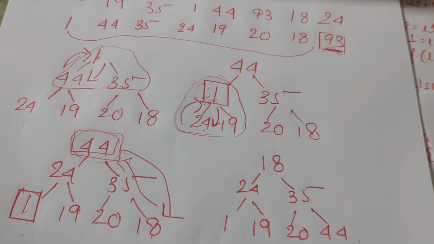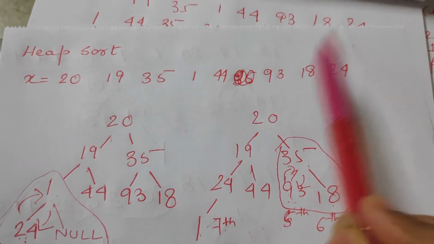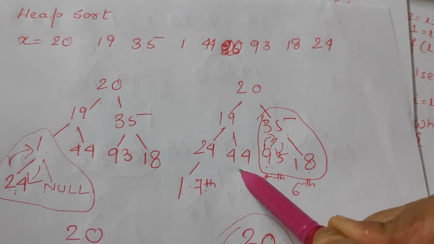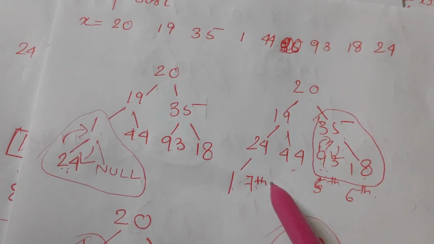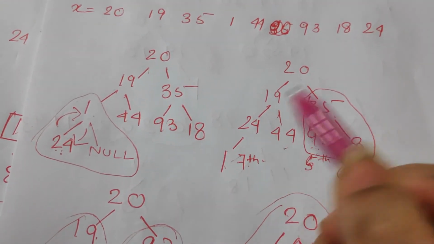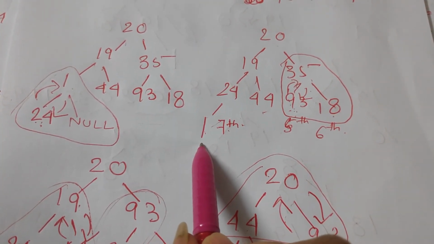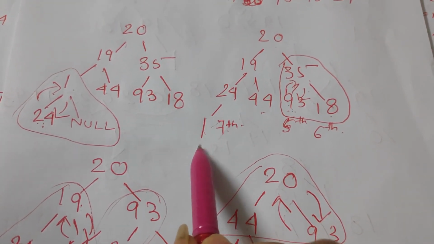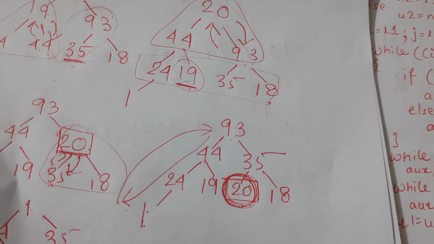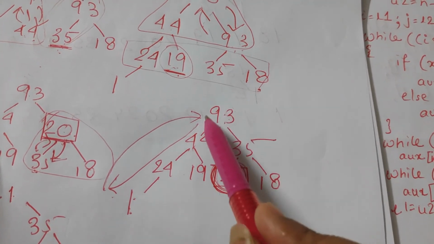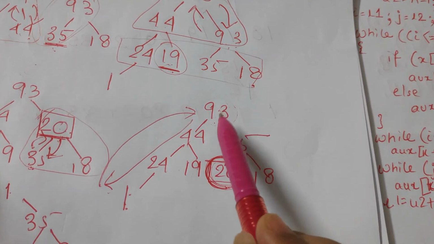Again, I will repeat what I said. When we had the unsorted array, we got the tree from the array and we created the heap. When we started to create the heap, we created the heap from the last node. We considered the last node and then we moved up. And as we created the heap, we got the first sorted node or the first sorted number in the array.